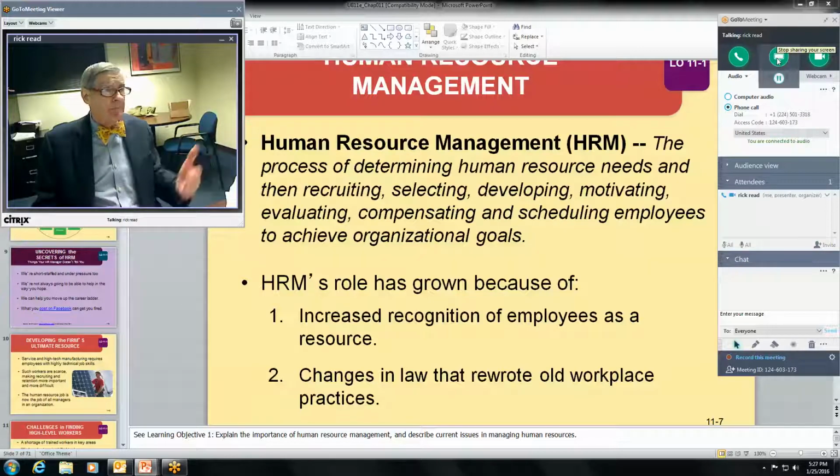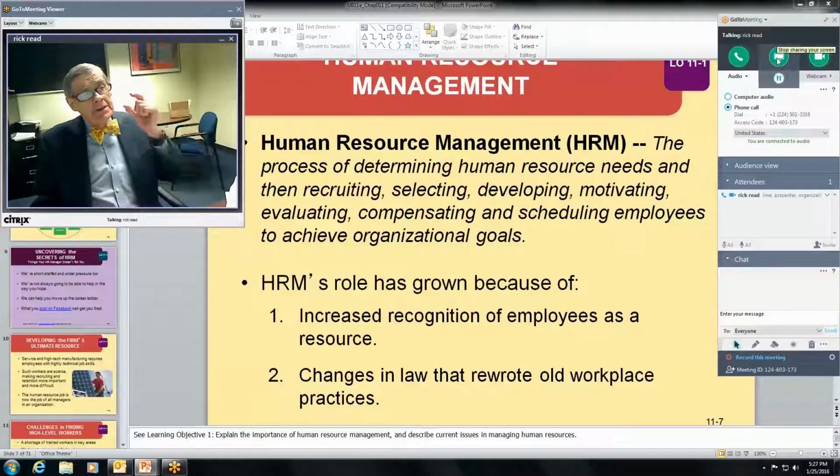That's up to the manager or the supervisor to do that. So it's important for human resource managers and for the human resource department and those folks that work in there and that have these job responsibilities to adequately train supervisors and managers so that they're actually doing the things they're supposed to be doing in concert with human resource management policies.